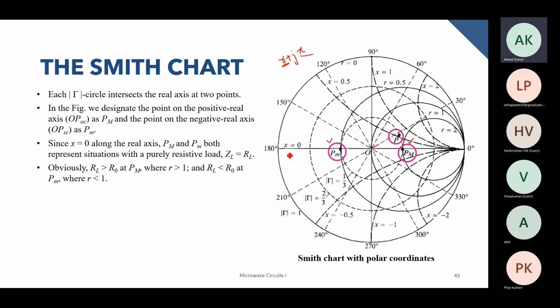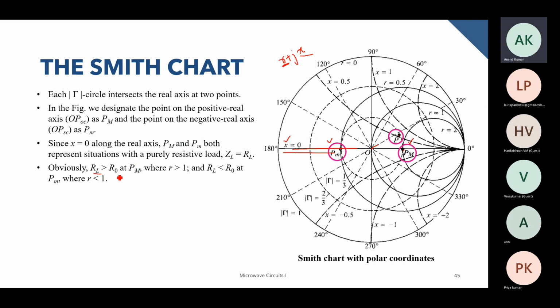On this particular line, everything is purely resistive. So on this line, x is equal to 0, and hence your load impedance is purely resistive.